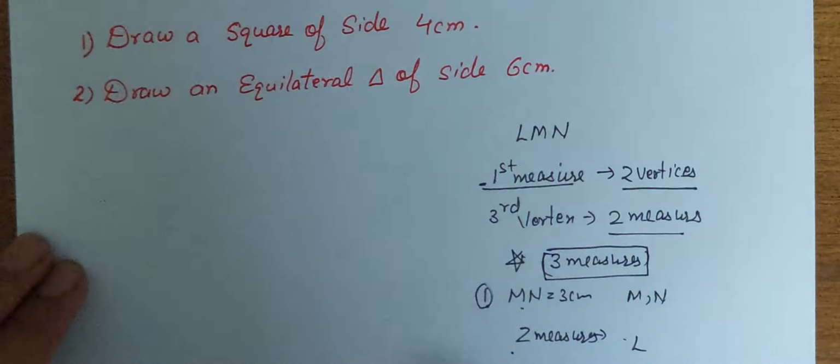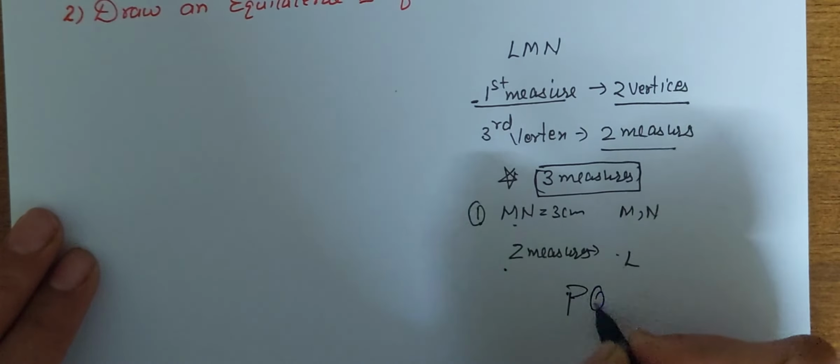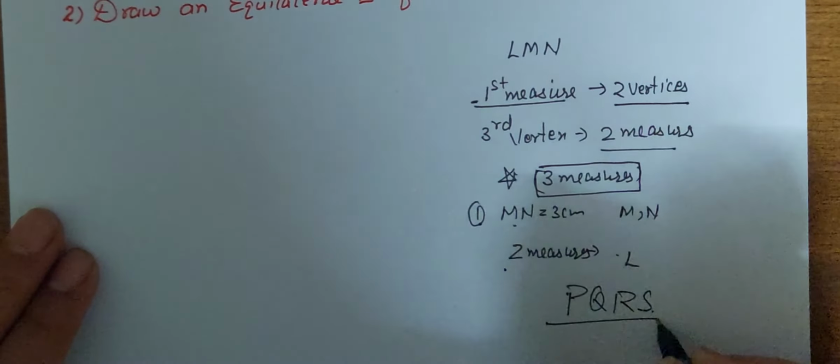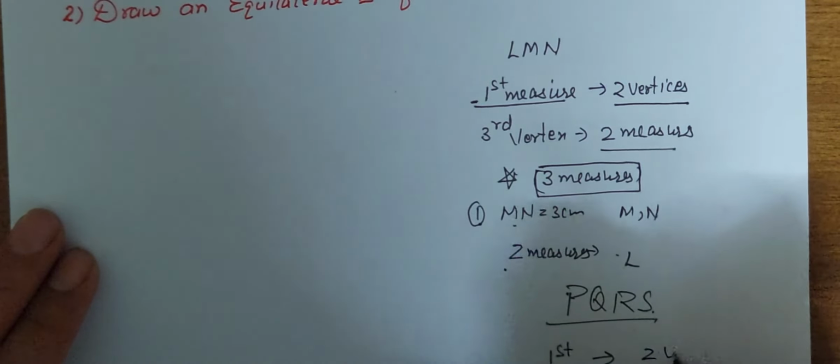Now if we have a quadrilateral, suppose PQRS, the first measure will give us 2 vertices.